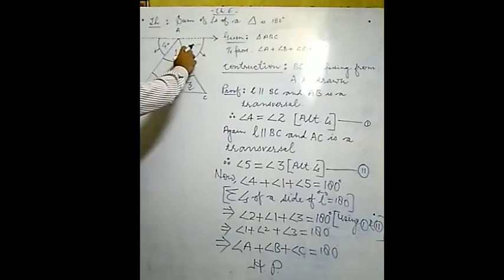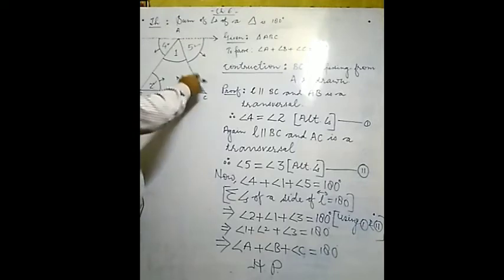Again, angle 5 and angle 3 are a pair of alternate angles, and we know that if two parallel lines are intersected by a transversal, the alternate angles are equal. It means angle 3 equals angle 5. Now we have angle 2 equals angle 4 and angle 3 equals angle 5. Angle 2 is shifted here because 4 and 2 are equal. Angle 3 is shifted there.